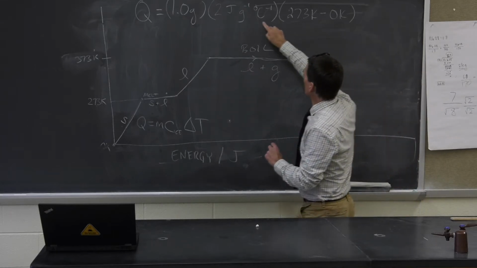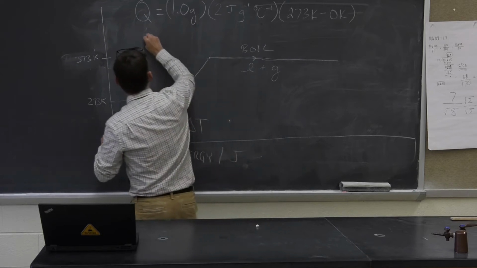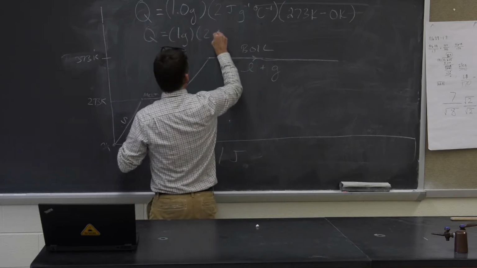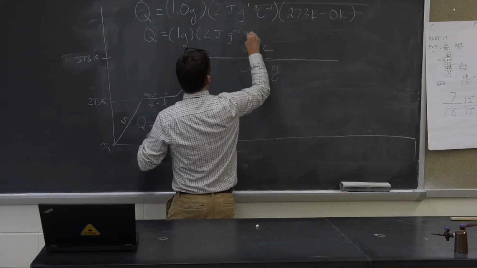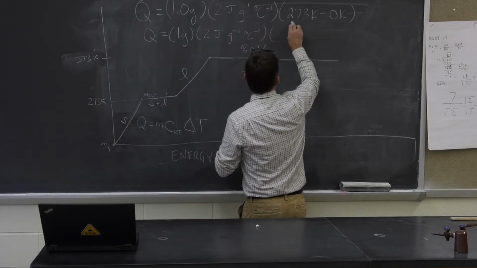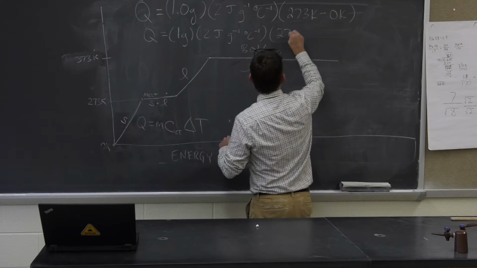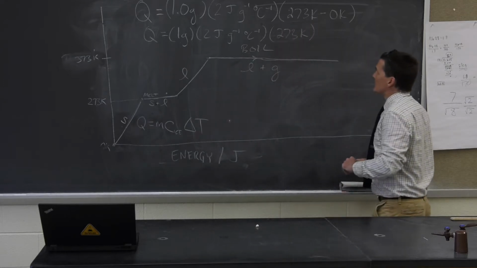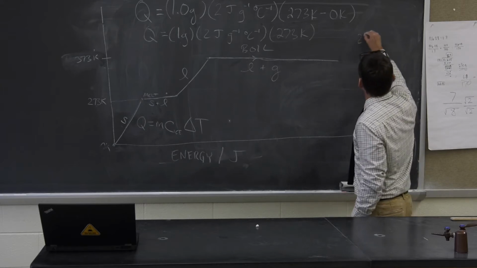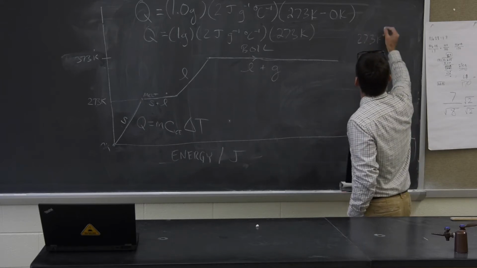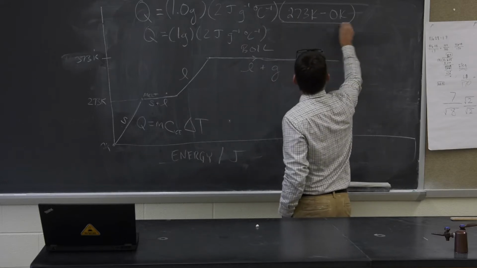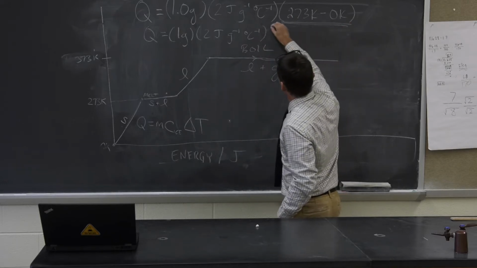Uh-oh, my Kelvins aren't talking to my Celsius. That's fine. We'll get that in a second. So Q is going to be 1 gram times 2 joules per gram per degree Celsius times that minus that. Oh, wait. Hold on. We better do this conversion prior to doing the calculation.